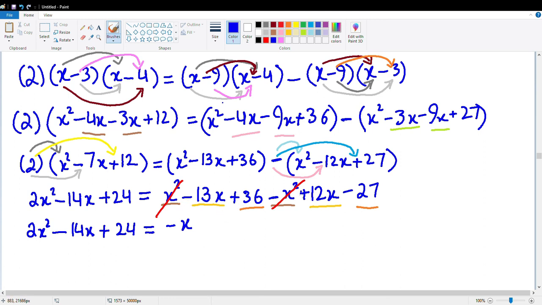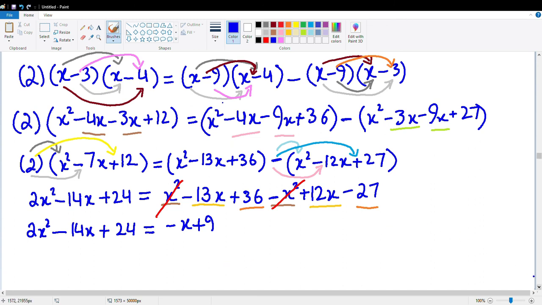And then we have 36. 36 is the bigger one, so we are sure that the result is going to be a positive number. And we have 36 minus 27. So what do we get? We get 9.